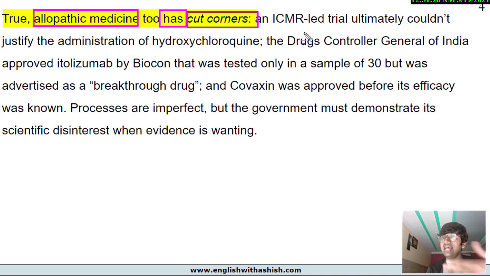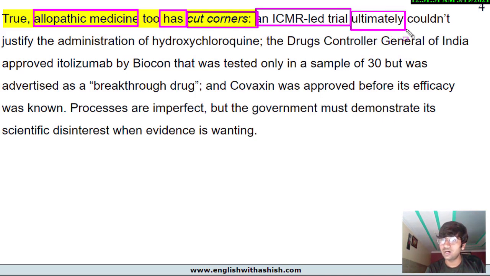Because an ICMR led trial ultimately, right, the subject of this particular clause is an ICMR led trial, ultimately, adverb, could not justify, a verb phrase, right? Let me just highlight this for you guys. Subject, adverb, and this is the verb phrase, could not justify, helping verb plus main verb. So subject, adverb, verb phrase. Justify what?